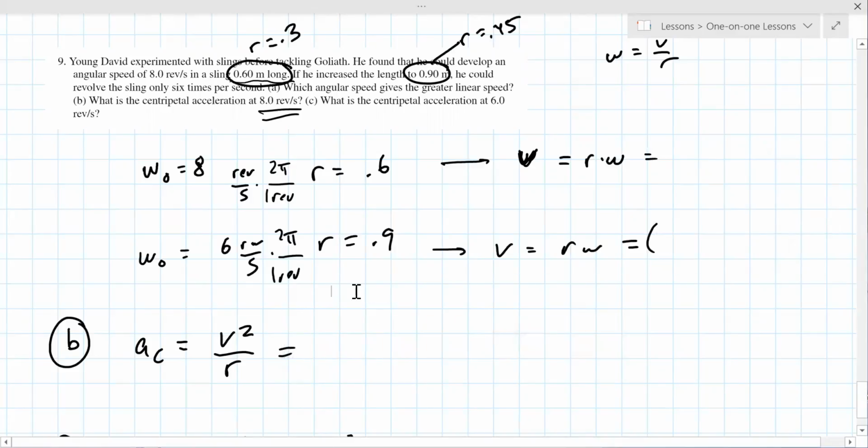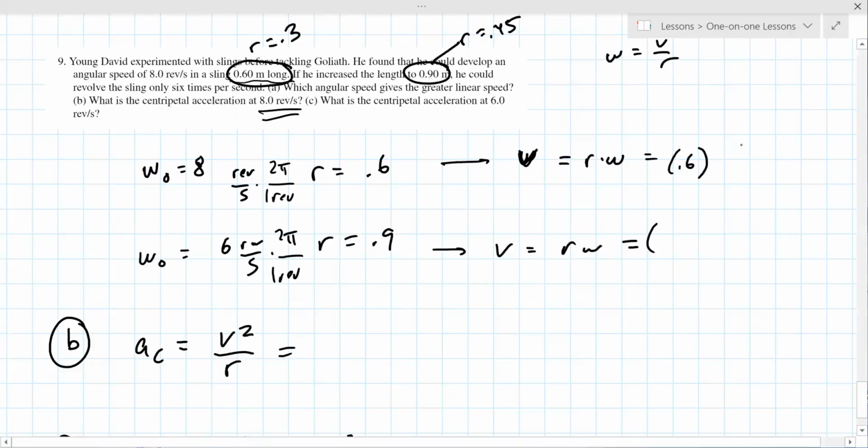And it does look like they use the 0.6 and the 0.9. I still can't tell you for sure. So the radius is 0.6.